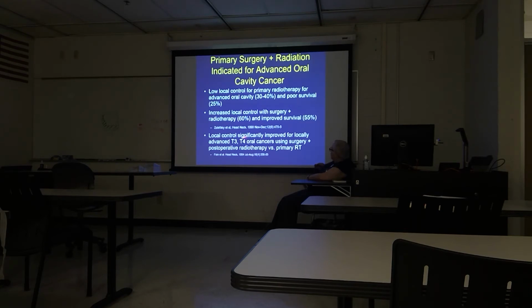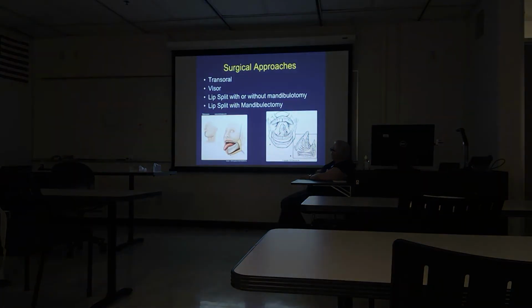Or local control significantly improved for T3, T4 oral cancer using surgery and post-op radiotherapy versus primary RT. So they want to do the surgery first, then follow up with radiation therapy.